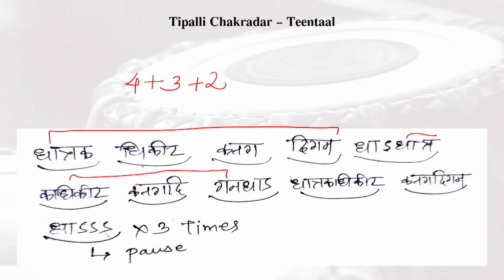dhataka dhikita katagadi gana, and half matra pause. So we have total pause of half matra here and half matra here. So we have total pause of 1 matra. So we get total 10 matra, plus this is the final pause of the tihai, which is 1 matra.